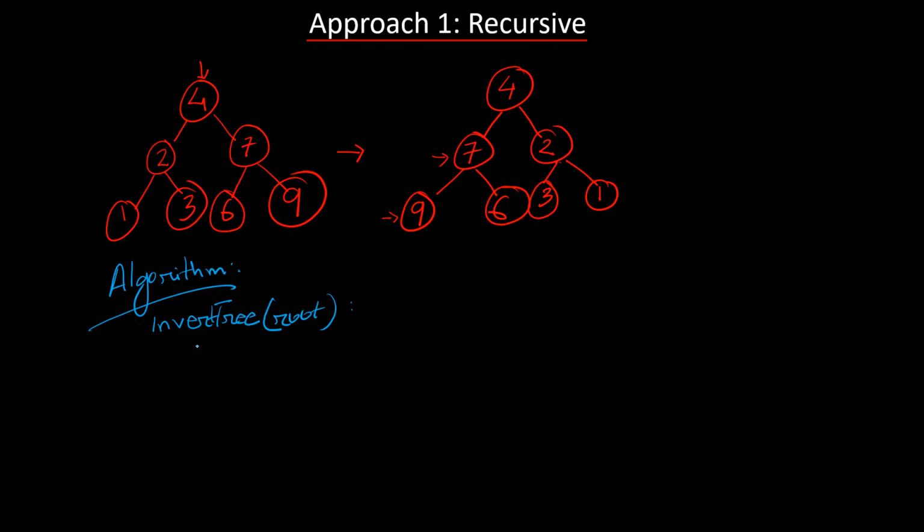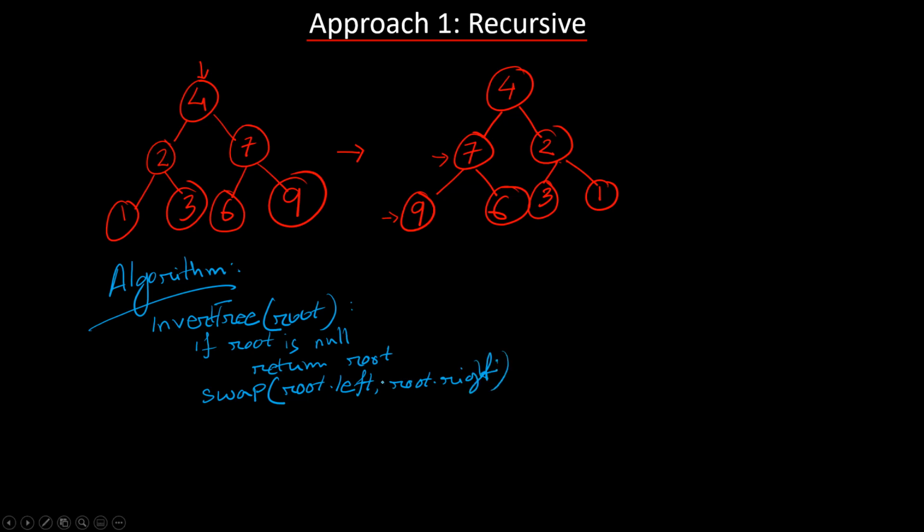First of all, we can check if root is null, then return root, otherwise swap root dot left with root dot right.